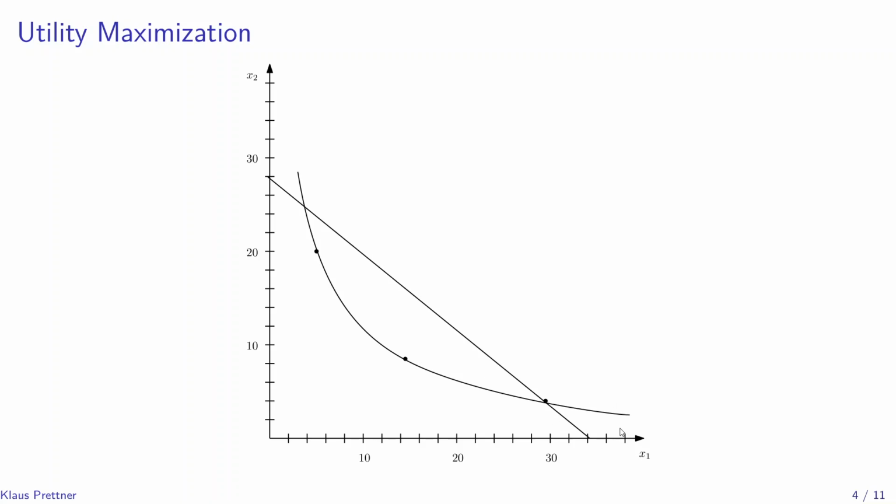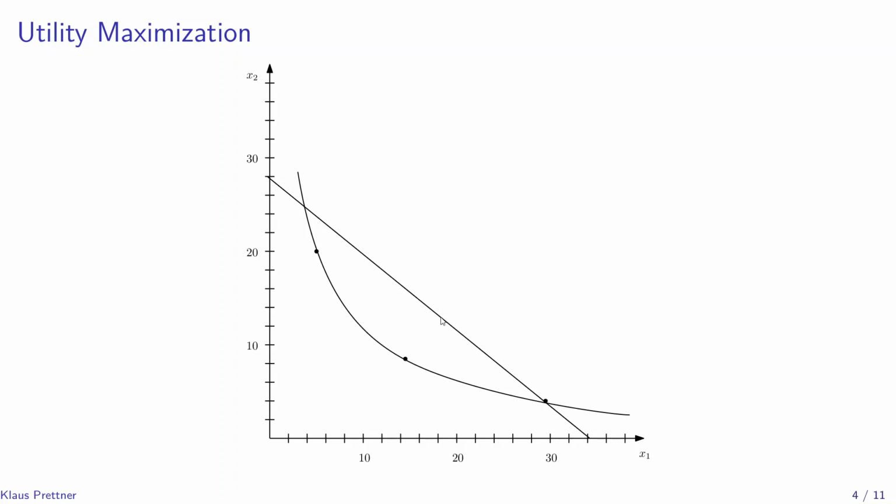The same holds true for a consumption bundle here. But there are different consumption bundles within the budget set that are all feasible and among which the consumer is indifferent. So this could be, for example, this point here, 20 units of consumption of X2 and 6 units of X1. Or this bundle here with a lower level of X2 but a higher level of X1 in exchange, and so on and so forth.